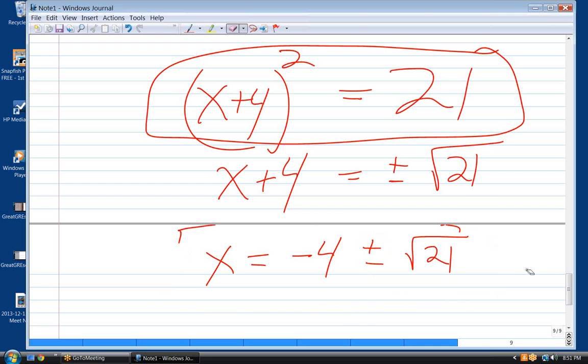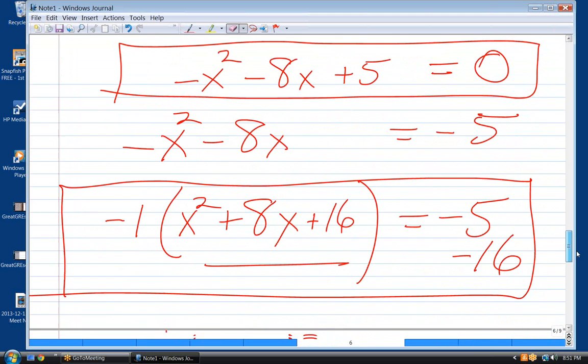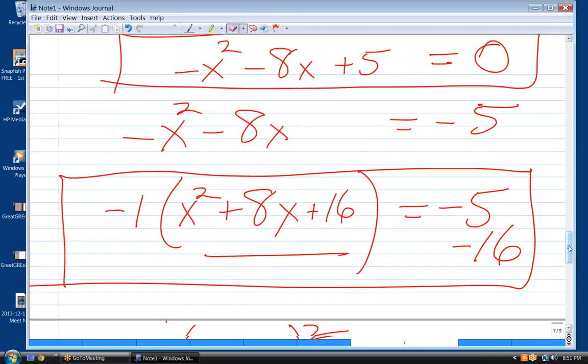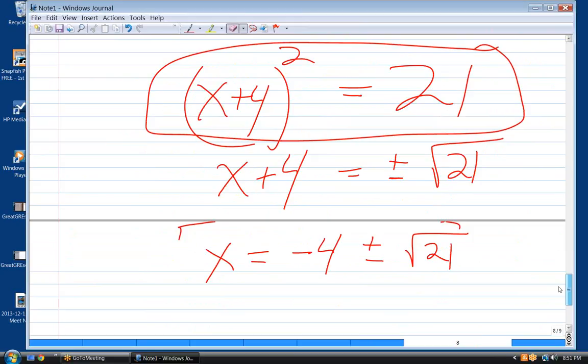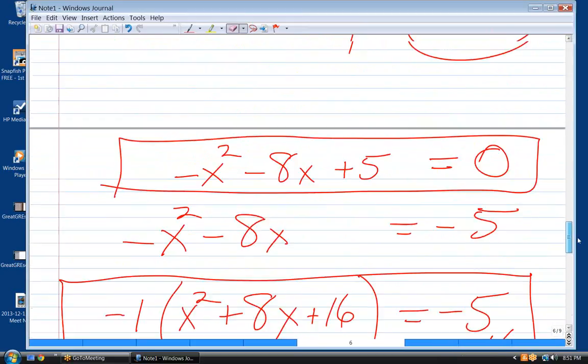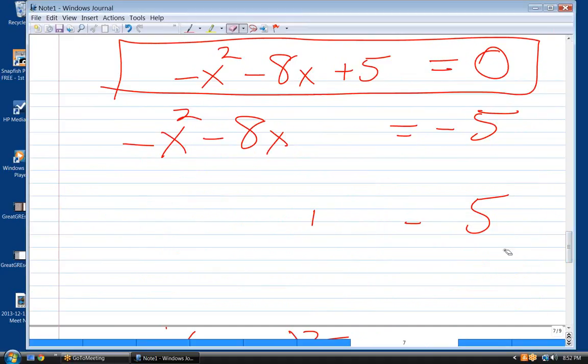Same exact answer as we would have gotten if we would have used the quadratic formula to solve this. We would have gotten minus 4 plus or minus root 21. And in fact, the quadratic formula came from completing the square of the quadratic in standard format. It's actually pretty interesting.